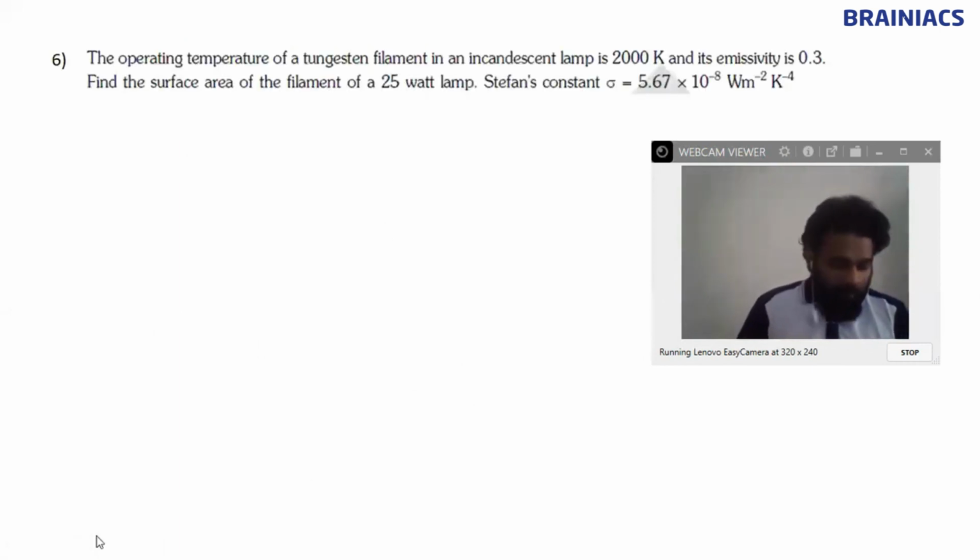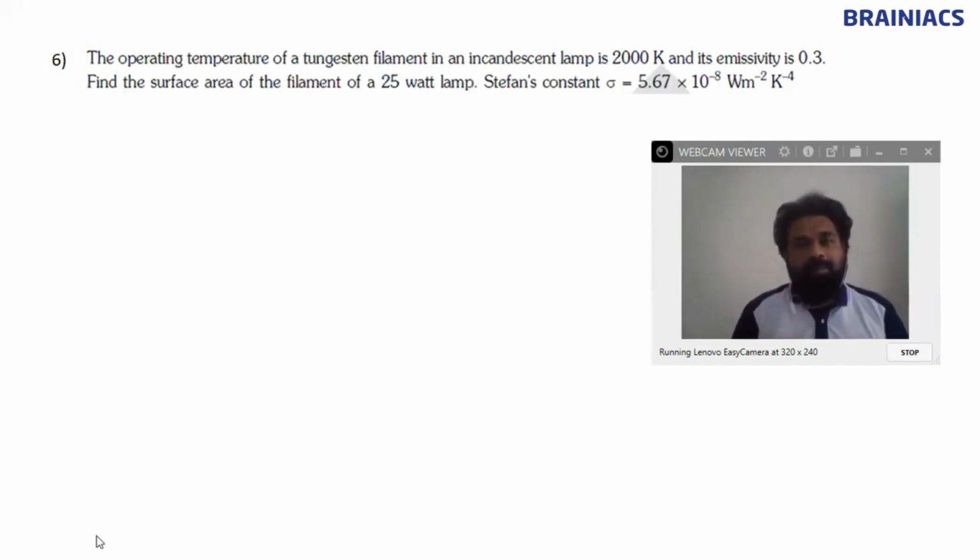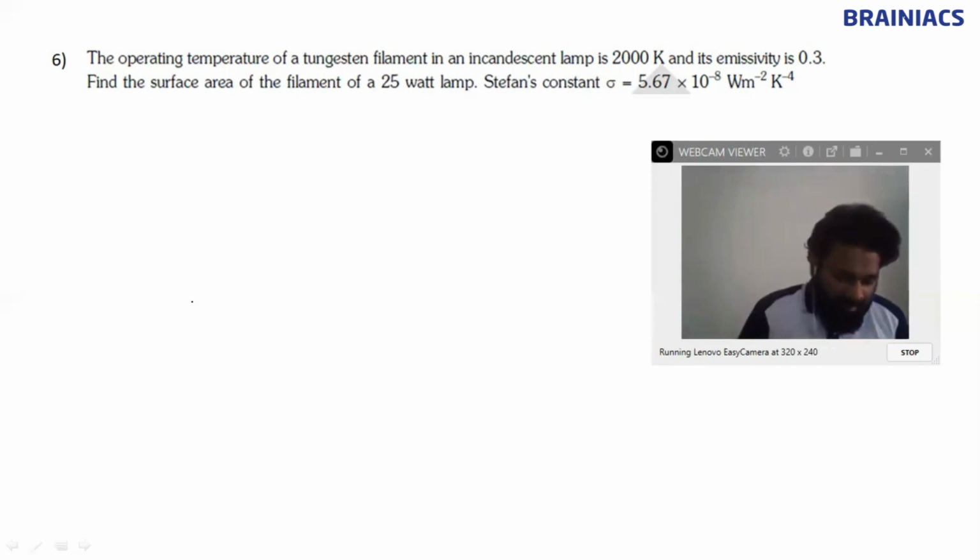The operating temperature of a tungsten filament in an incandescent lamp is 200 Kelvin. Its emissivity is 0.3. Find the surface area of the filament of a 25-watt lamp. Stefan's constant is given, sigma is equal to 5.67 into 10 raised to minus 8.